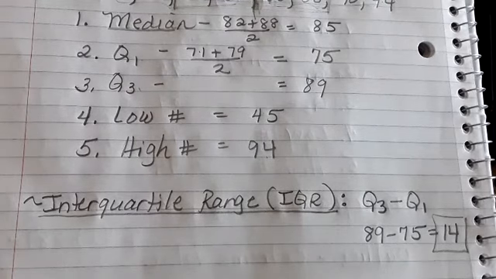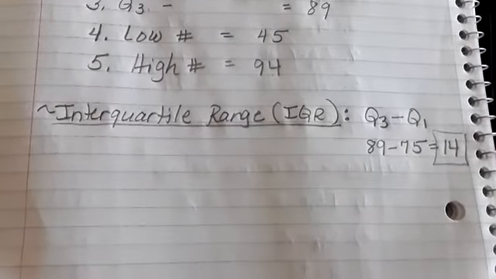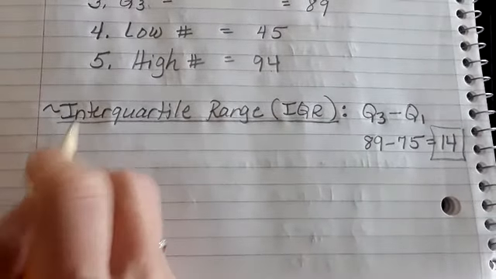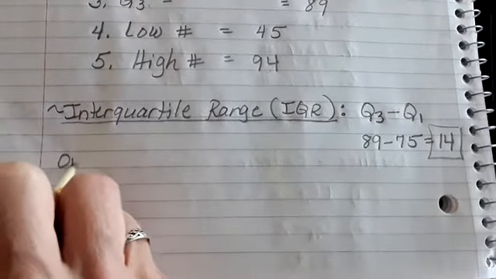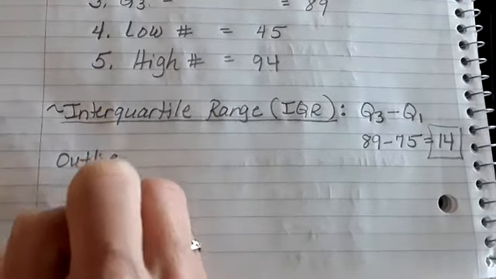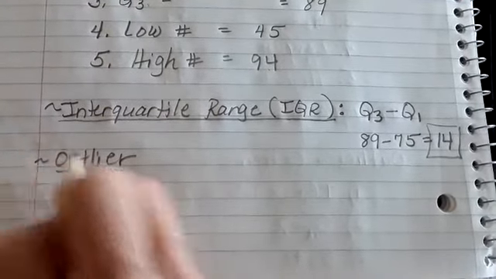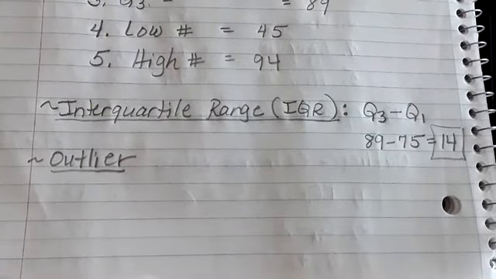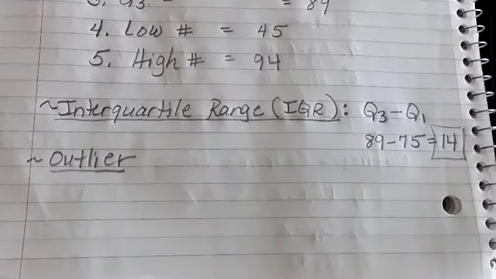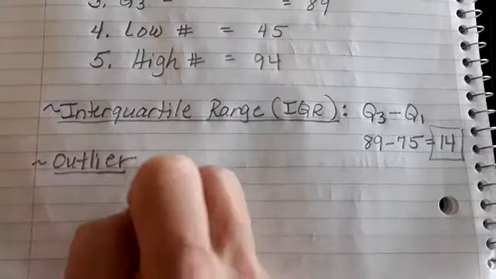And the last thing I want to talk to you about is what an outlier is. And some of you might know that term. All right, your outlier is an extreme value. It's in your list of data, but it's very extreme compared to the other numbers in your data.